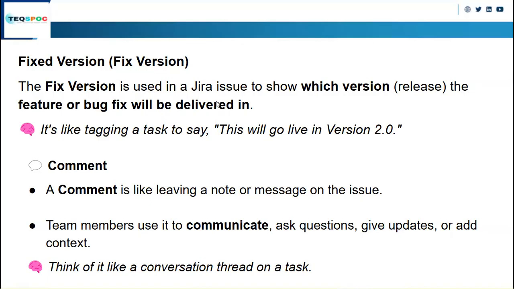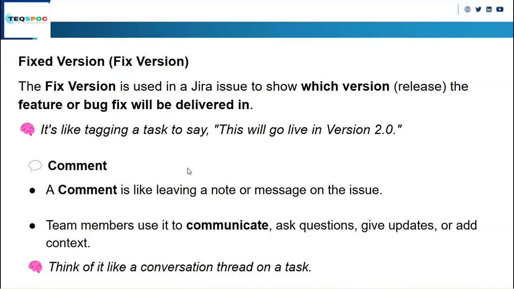You have to complete these user stories and deliver them in version 2. So version 2 will be the fixed version. Means you have to complete the user story and deploy or release it in the next upcoming version, that is version 2. So it is fixed that you have to complete the user story and release it in that particular version. So that is a fixed version.